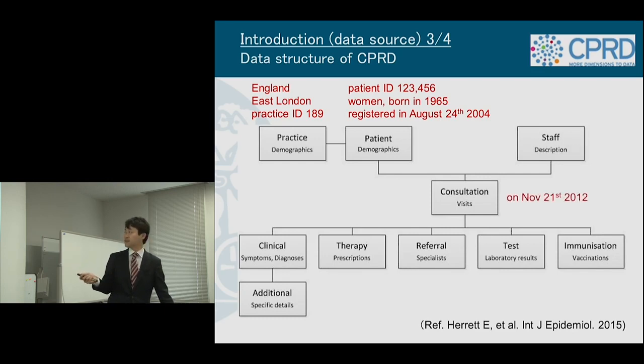If she visits a GP on November 21st, 2012, a doctor or GP diagnosed her as having urinary tract infection and some extent of dehydration, and prescribed antibiotic, trimethoprim in this example, for 5 days. 10 divided by 2.